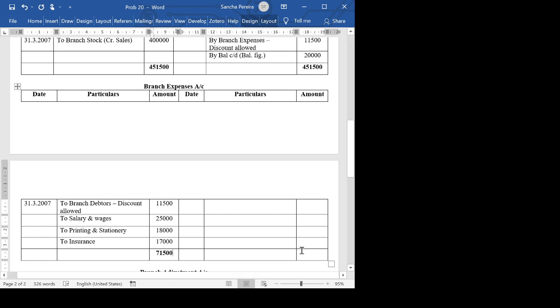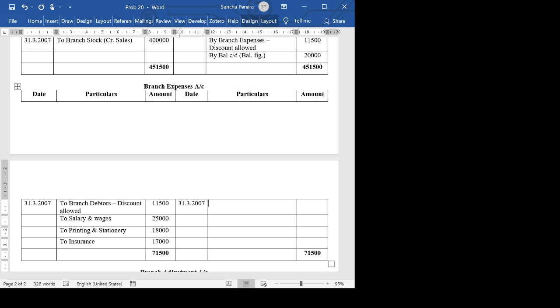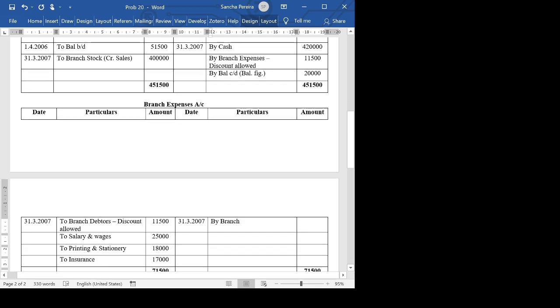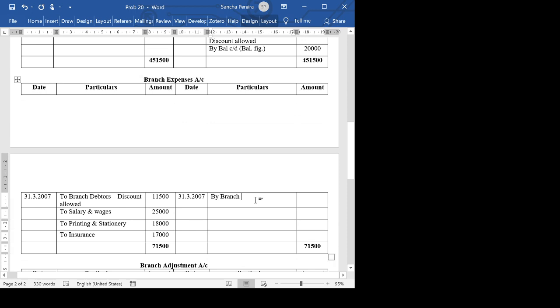And we transfer all the expenses to the profit and loss account on 31st March 2007, by branch P&L account, which is 71,500.